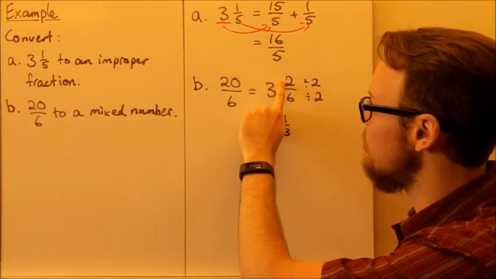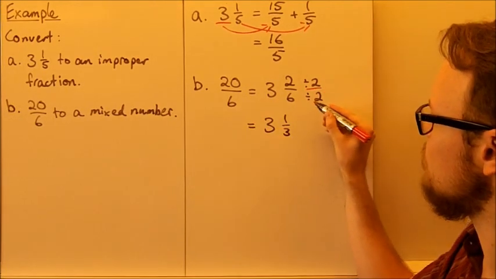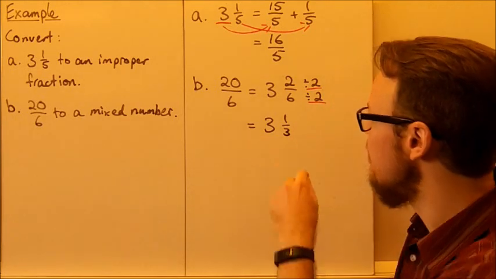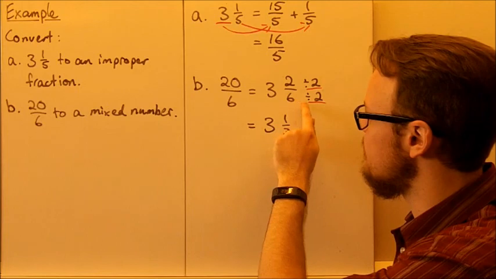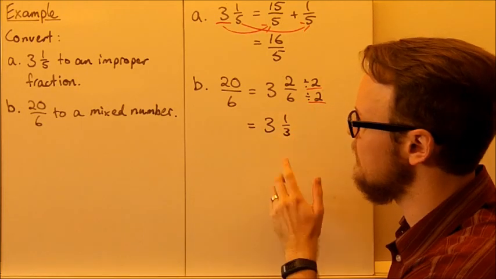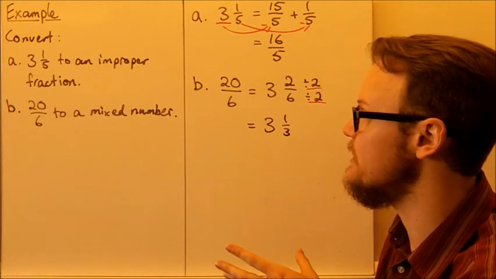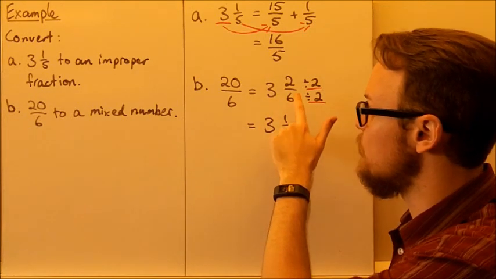Divide the numerator by 2, divide the denominator by 2. 2 divided by 2 is 1, and 6 divided by 2 is 3. So we can see that 20/6 is the same as 3 2/6, which is 3 1/3.